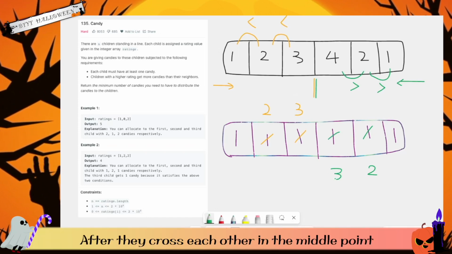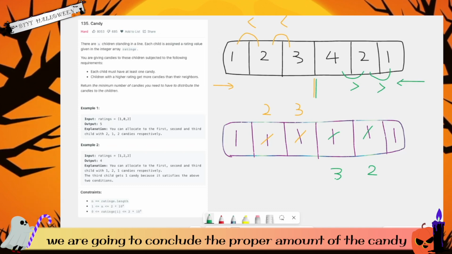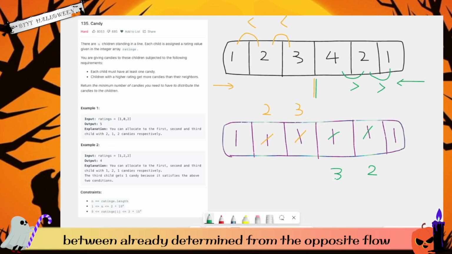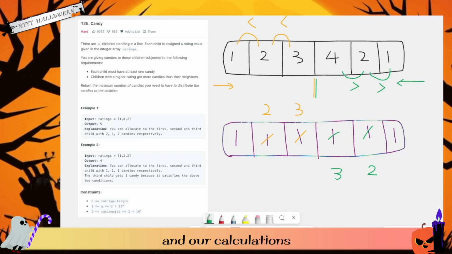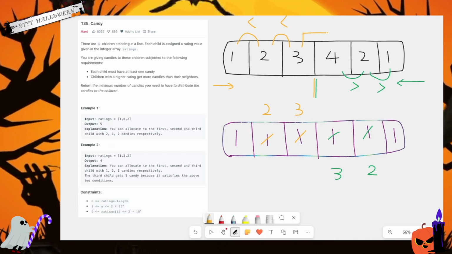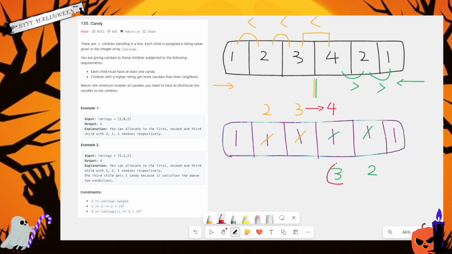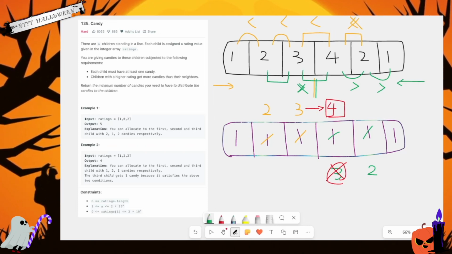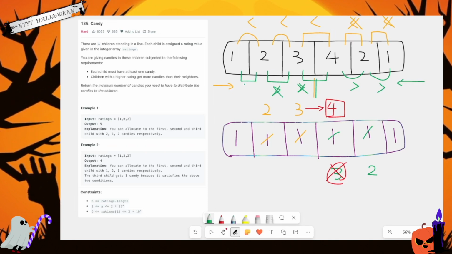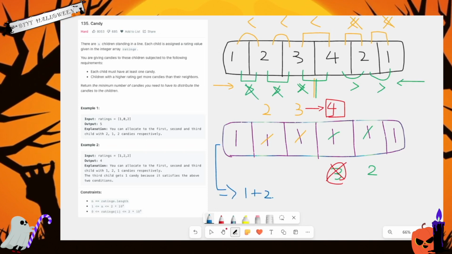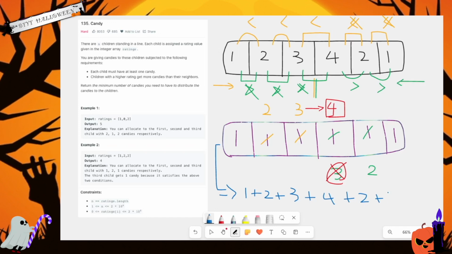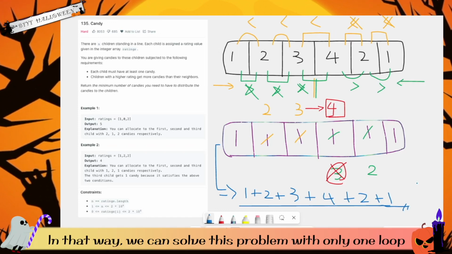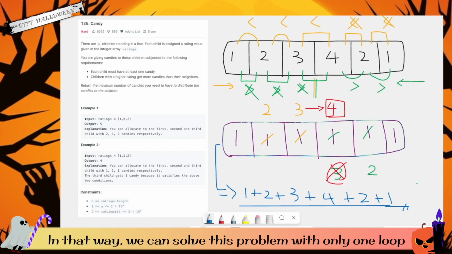After they cross each other at the middle point, we conclude the proper amount of candy between what was already determined from the opposite flow and our calculations. In that way, we can solve this problem with only one loop.